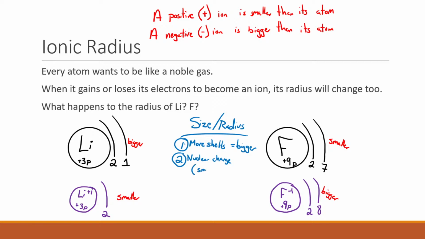A smaller nuclear charge is a bigger atom. So lithium with only 3 protons is bigger than fluorine with its 9 protons.